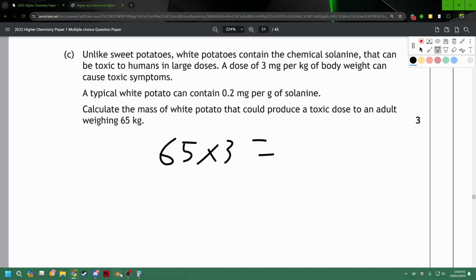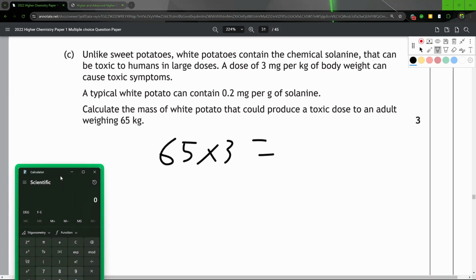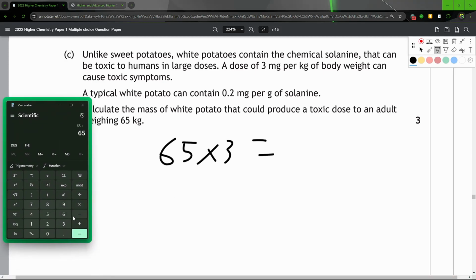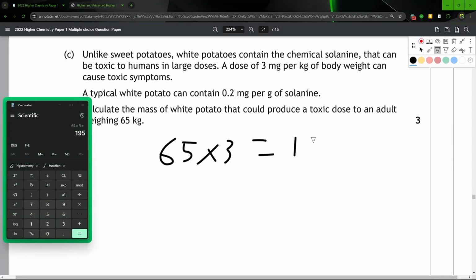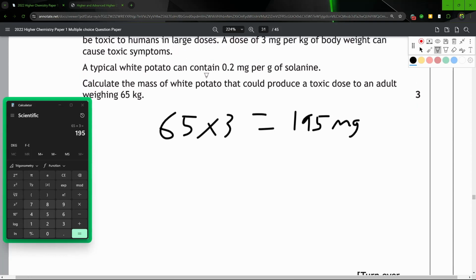So that means 65 times 3. I probably could do this in my head, but I'm not trusting my brain recently, so we're going to do 195. So that'll be 175 milligrams of solanine we need, and a typical white potato can contain 0.2 milligrams per gram of solanine.